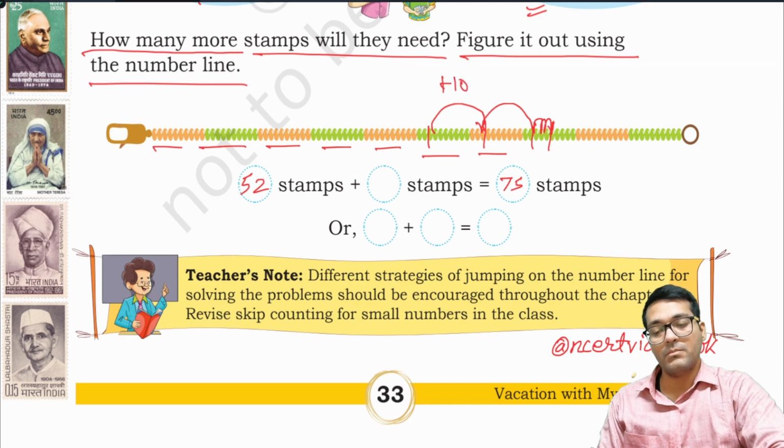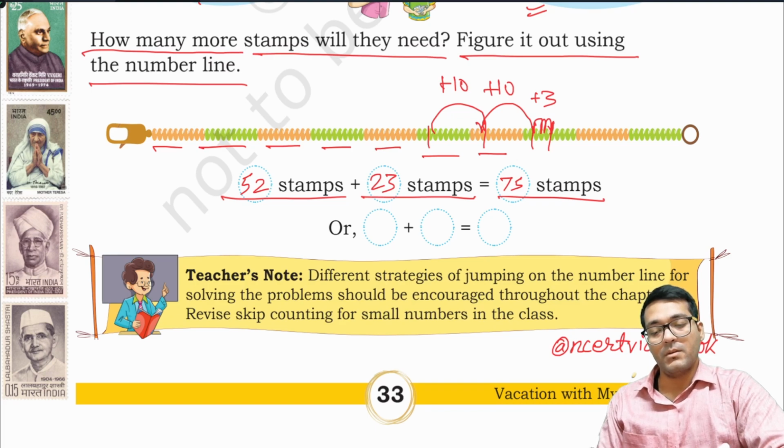That is 10 plus 10 plus 3, that is 23. 52 plus 23 makes 75 stamps. That means 52 plus 23 is equal to 75.